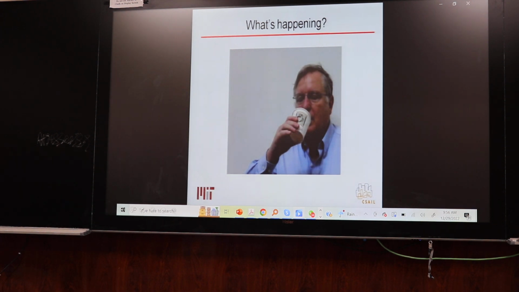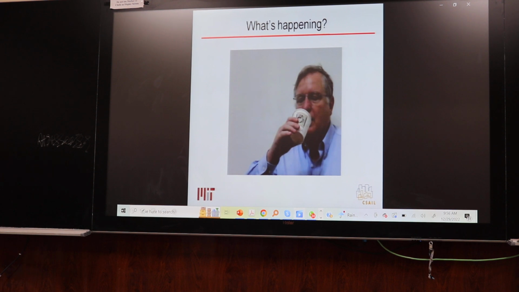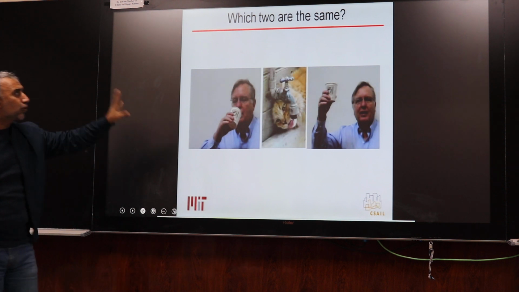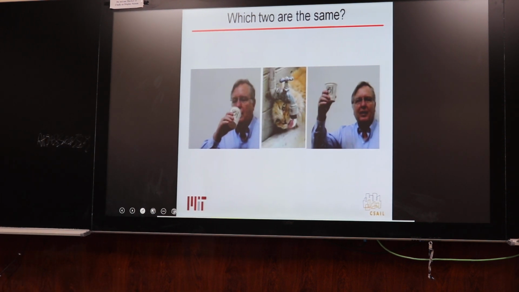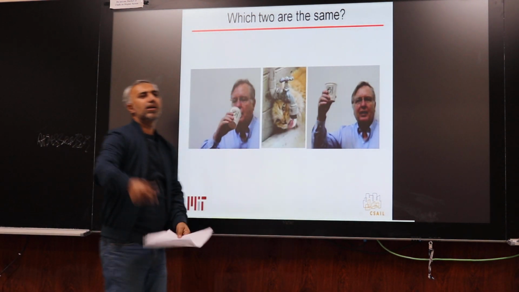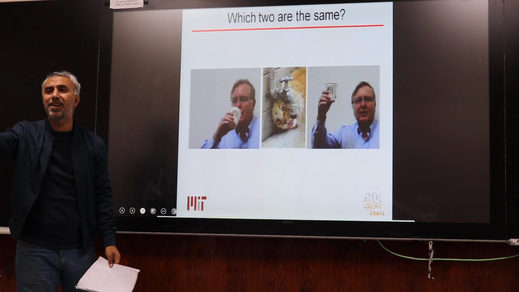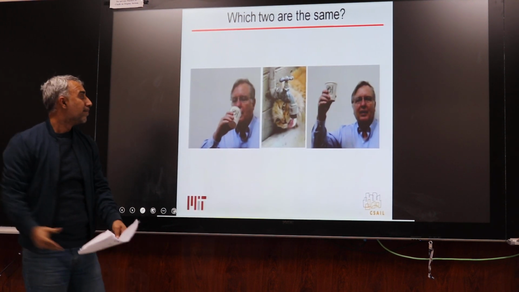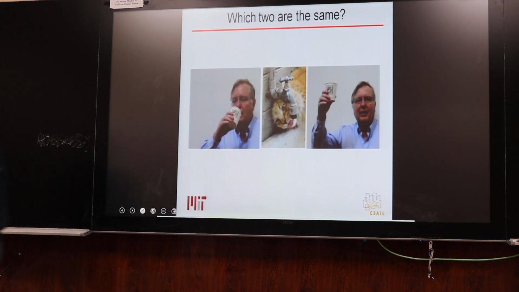What is the verb? Drinking. But if I ask how many of two pictures are similar to one another, we can say this one is tossing or highlighting, but it is not representing drinking. These two pictures, however, express the drinking nature. Both look very different, but the actions are exactly the same.